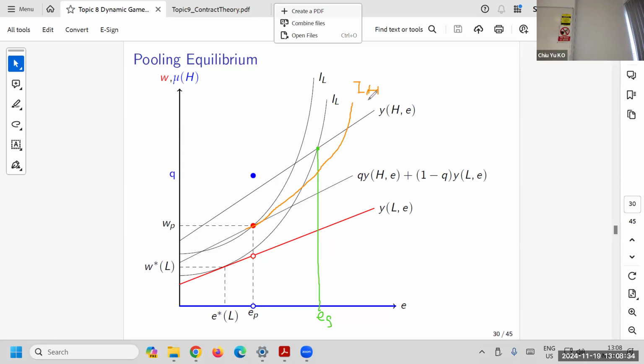So this is better. So for the high type, this is better than here. And in this equilibrium, this got killed, right? Because this must be high type. So you will do somewhere here, then they will get it, then they will kill this equilibrium. Is that clear?